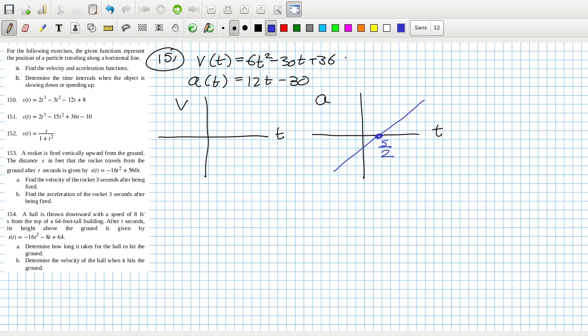And then solving this quadratic, well, you can divide it by 6, by the way. So that's 6t squared minus 5t plus 6. Is that right? Let me check.